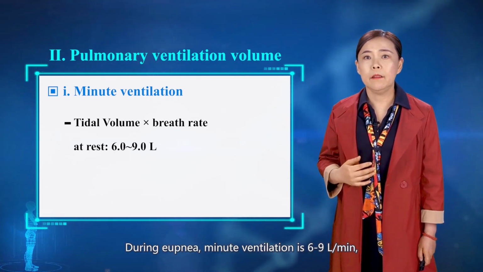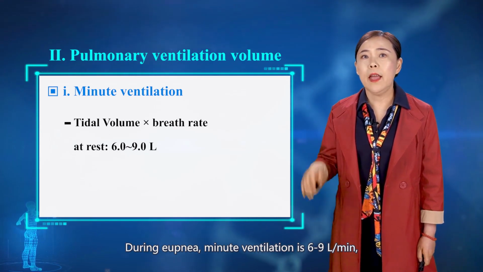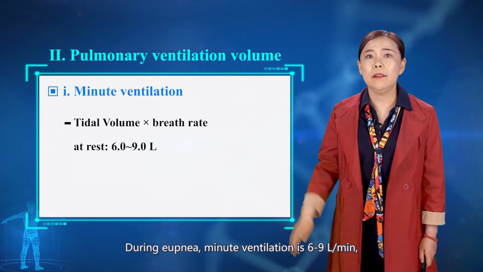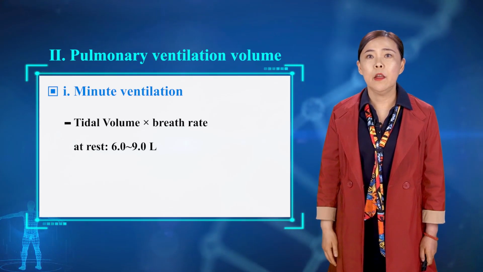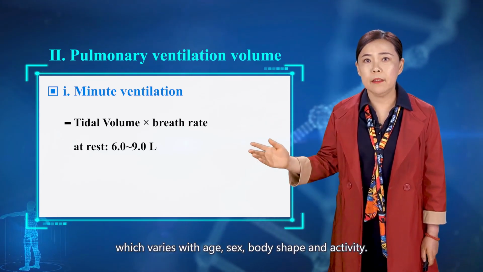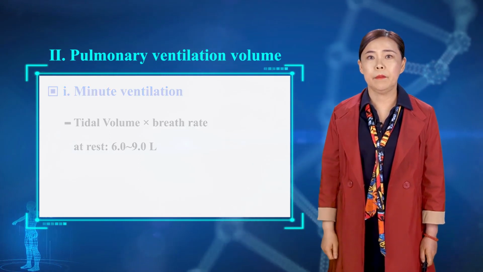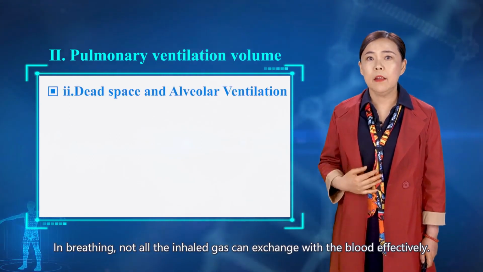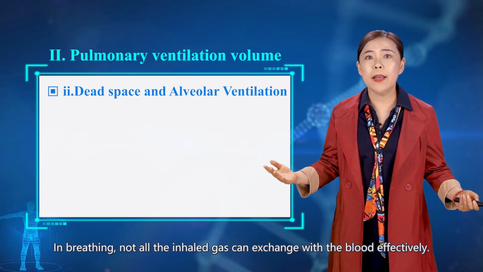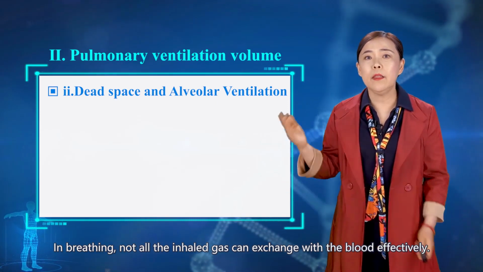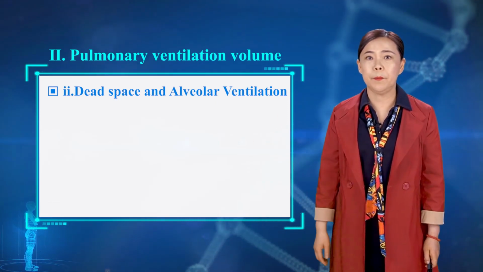During eupnea, minute ventilation is 6 to 9 liters per minute, which varies with age, sex, body shape, and activity.